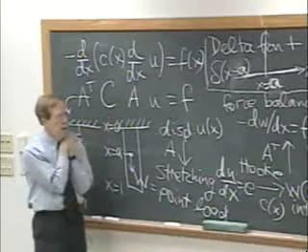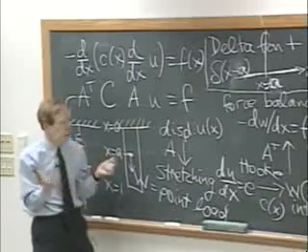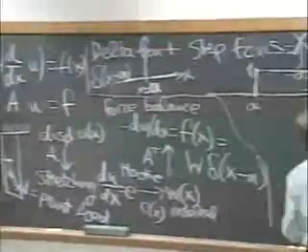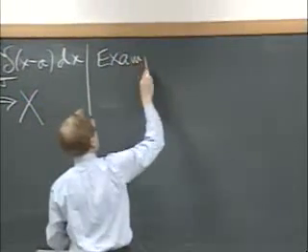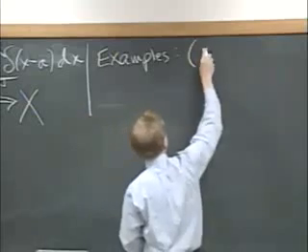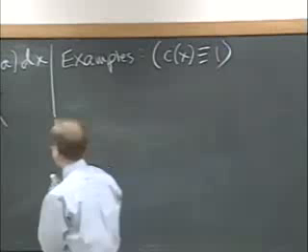So I would like to be able to put that on the right-hand side. So here will be the kind of examples which we can solve in detail. I'll take C of x to be identically 1 in these examples.